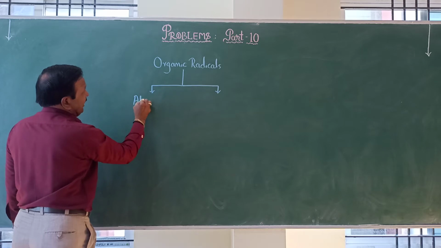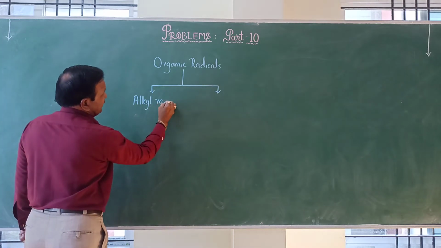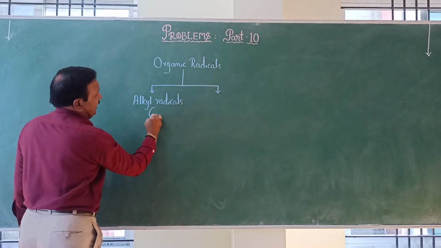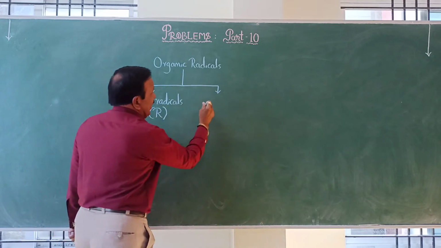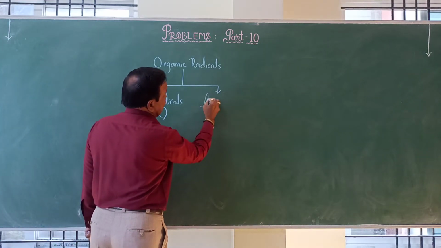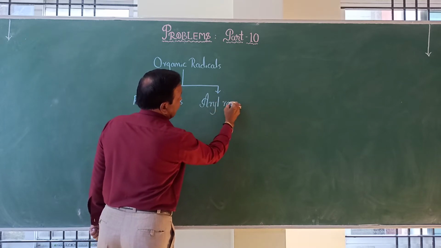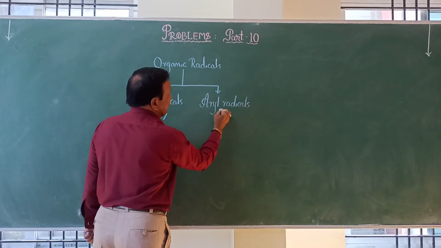One is called alkyl or alkenyl radicals, and these are denoted by letter R. And another one is aryl radicals, containing a benzene ring, and these are represented by AR.